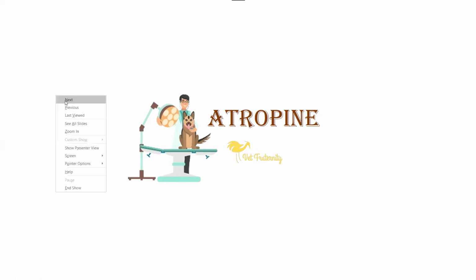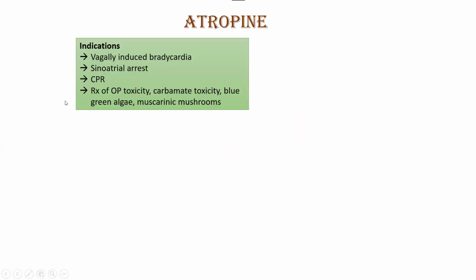So let's begin with the indications of atropine first. I will just mention their names over here, and then one by one we will discuss these. First indication of atropine is that it is used to treat vagally induced bradycardia. It is used for sinoatrial arrest.